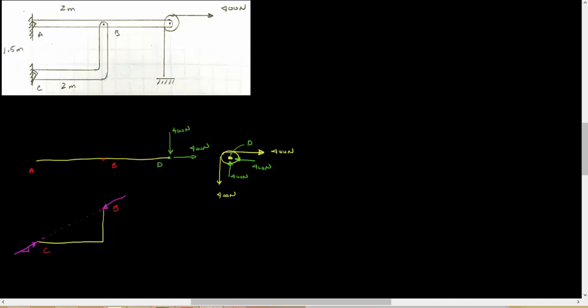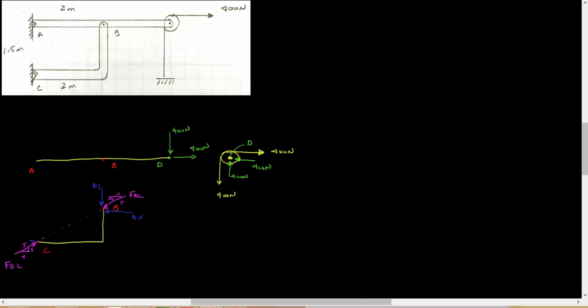So what I have here is a 3, 4, 5, and also here it would be 3, 4, 5. This is going to be force of BC, force of BC. You could then break these up into their component forces, BY and BX.